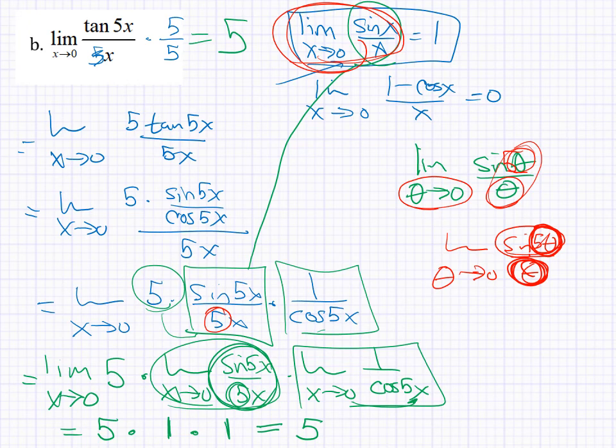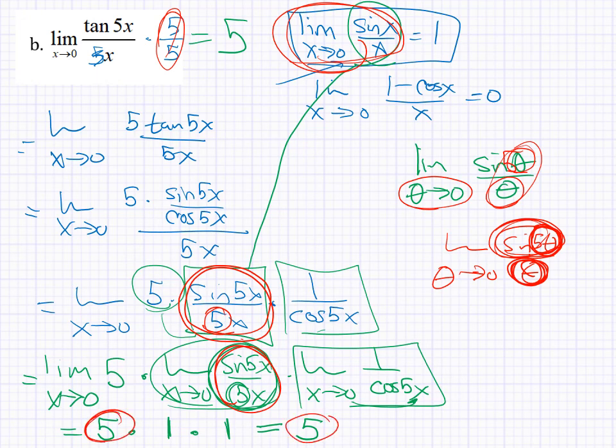And so that's why I multiplied by 5 over 5 there, so that I could use this limit that we have to evaluate this middle piece. Because really, it wouldn't apply if the 5 was only inside the sine function. And it made a difference too, because then it gave us this extra 5 here, which really made the limit equal 5.